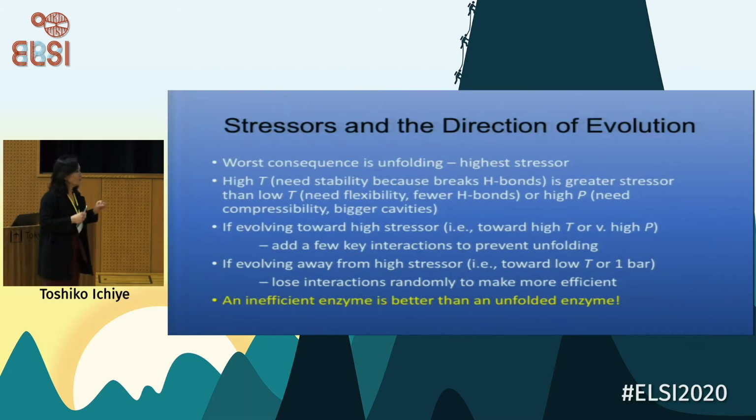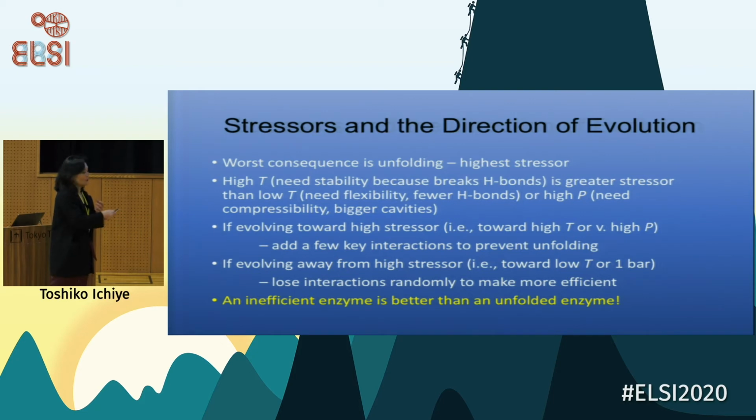Okay, so this is another sort of complicated slide. I still haven't figured out how to really talk about this, but it's about stressors and the direction of evolution. I just said there are two things that an enzyme needs. It needs to be stable, and yet it needs to be flexible.